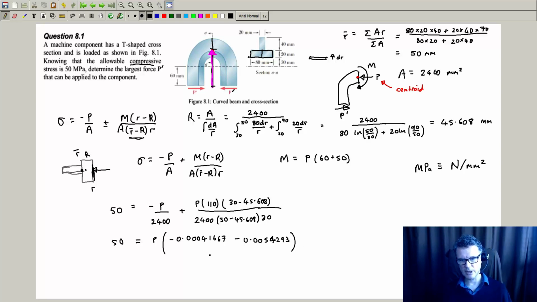So I just want to compare the direct stress and this bending stress. So here, a lot more bending stress going on than the direct stress. Would we guess that's the case? I guess so.